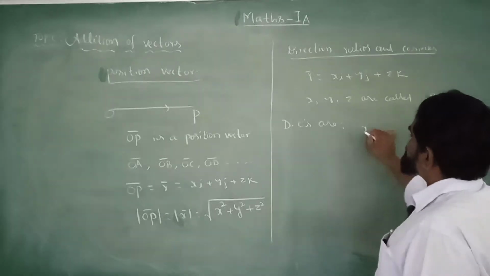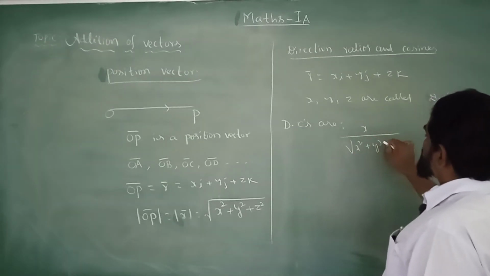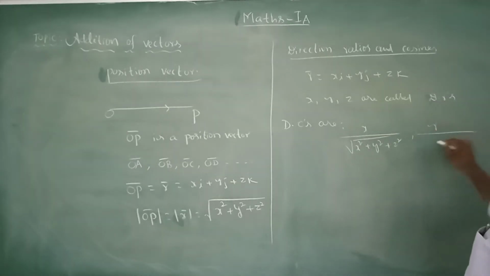x by root of x squared plus y squared plus z squared, y by root of x squared plus y squared plus z squared, and z by root of x squared plus y squared plus z squared.